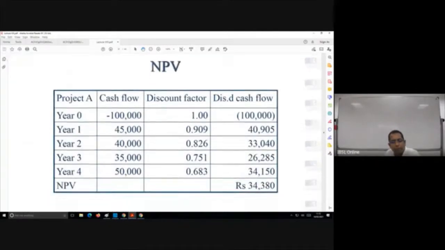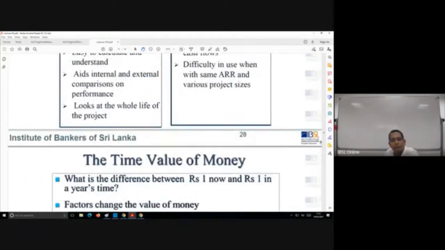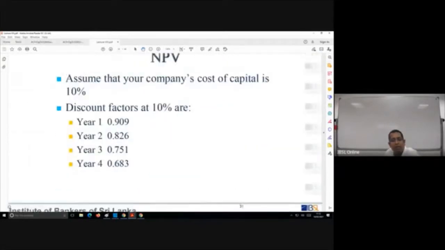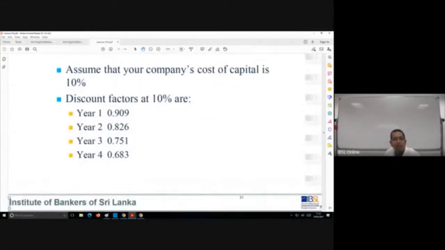So, without looking at this part, the discounted cash flows, you need to work out the cash flows for year 1, year 2, year 3, and year 4. Please write it down. Year 1 discounting factor is 0.909.